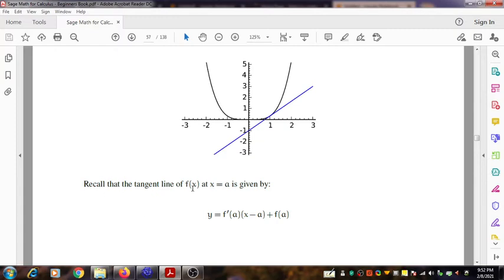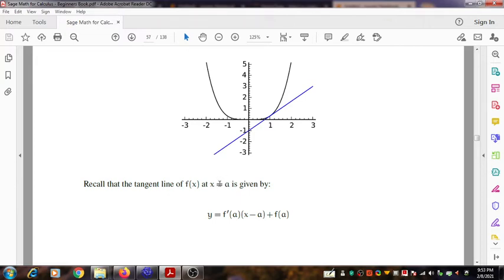Suppose that the equation of a given curve is f(x), and also suppose that a point is specified, x equal to a.